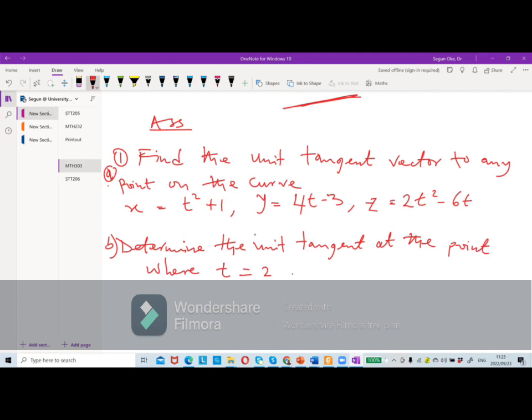Where t is equal to 2. So don't let me bug you more on that. I want you to go and also check some of the questions in your book and lay your hands on them. In the next class, we'll talk about more questions of this nature.